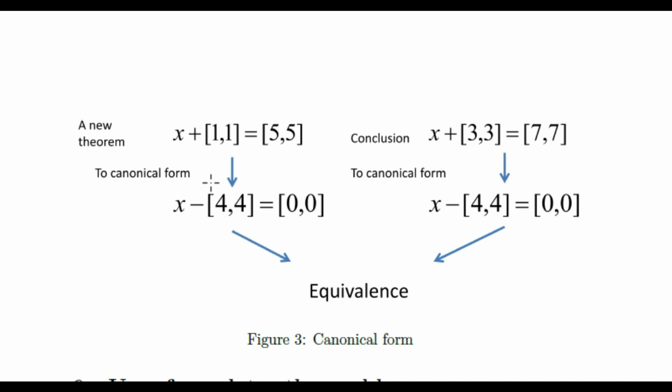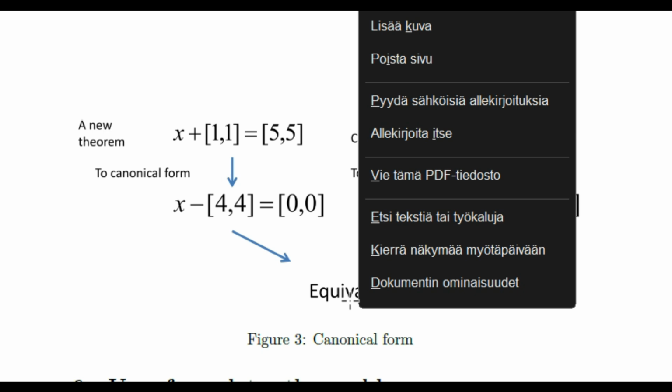The canonical form is that if you have two equivalent theorems, then the canonical forms are similar for those two. And from the canonical form, we can see if the theorems are equivalent.